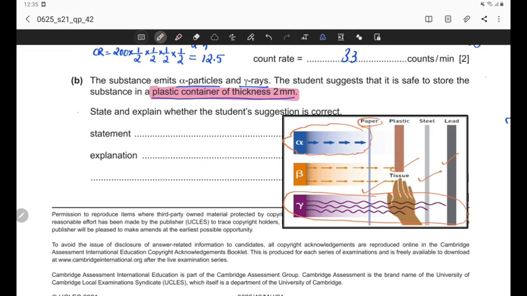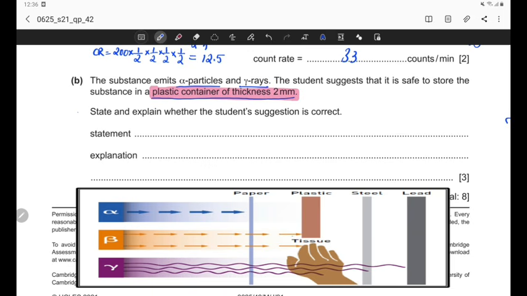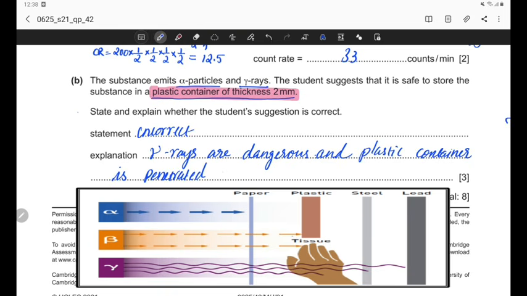So keeping gamma rays, or a radioactive element which produces gamma rays, in a plastic container is not safe, as these gamma rays can penetrate through the plastic container. Therefore, the student's suggestion is incorrect. And we need to give the explanation. As an explanation, we can write: gamma rays are dangerous and the plastic container is penetrated by gamma rays.